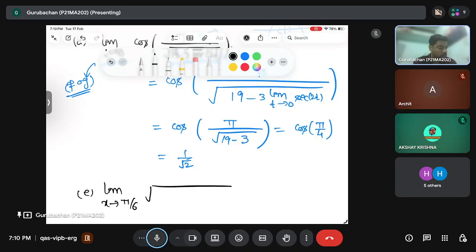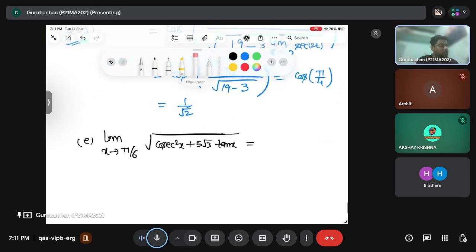So the last one regarding this algebra of continuity is the limit of the square root of 5 cosec square x plus under root 3 tan 10x. Now Akshay, you will tell me what is the answer. Archit, you may find it out but you will not tell the answer.